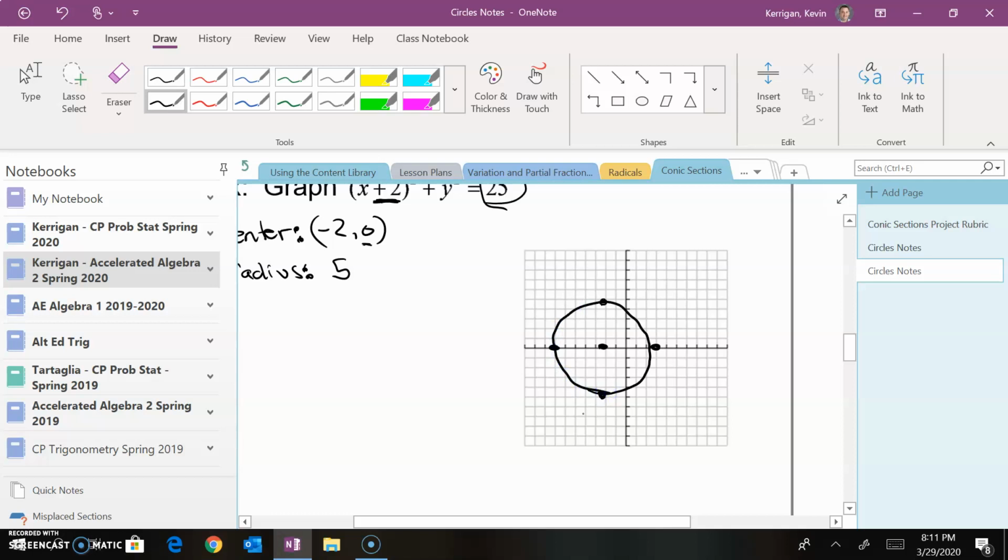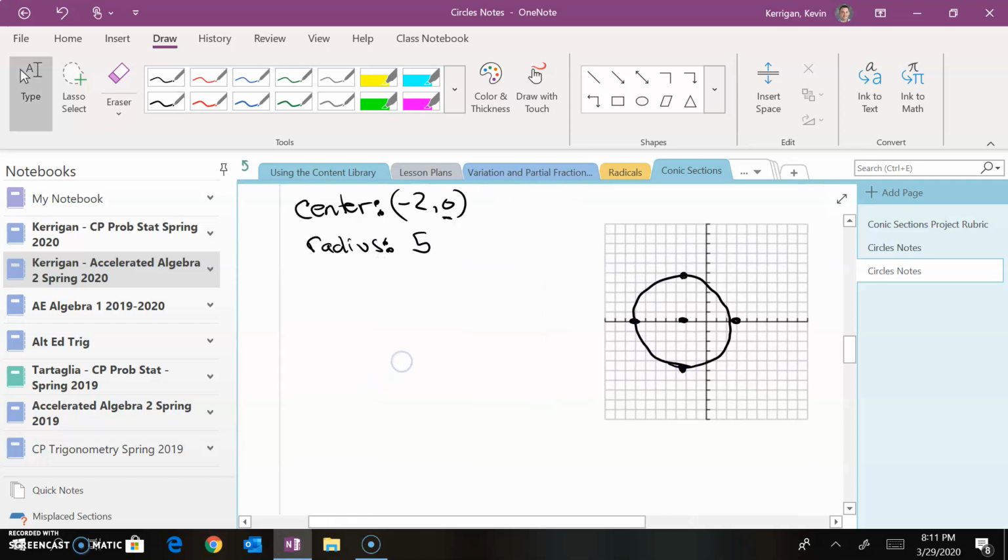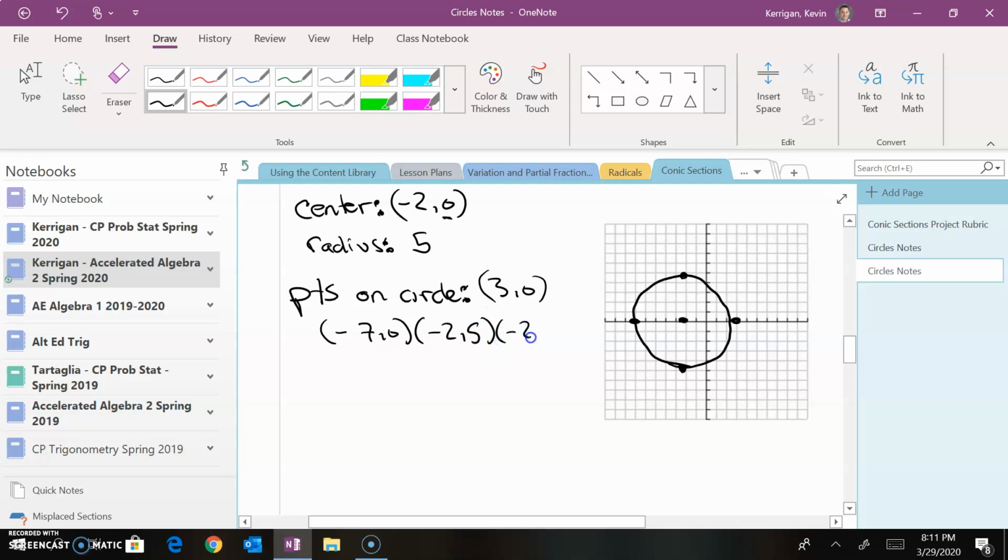That was worse than the last one. Not very good at drawing. Here, those points on the circle are going to be at 3, 0, -7, 0, -2, 5, -2, -5.